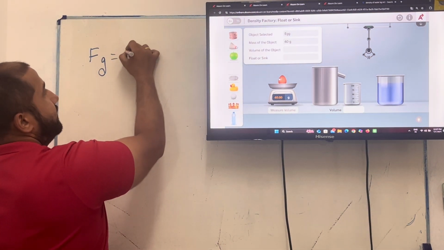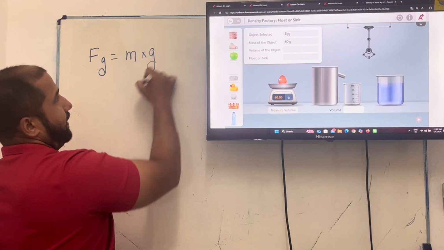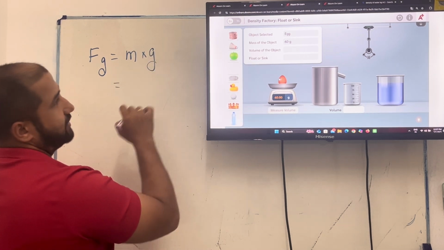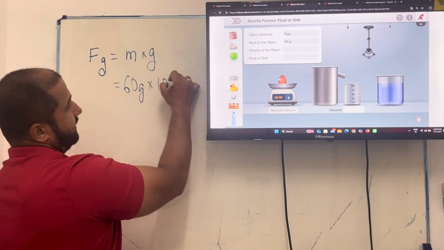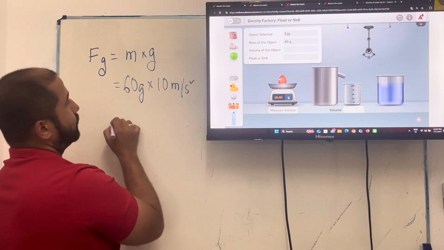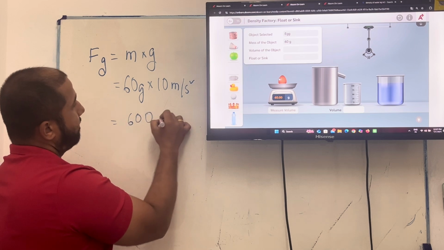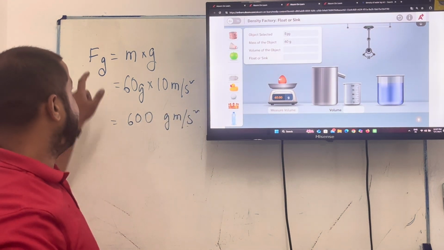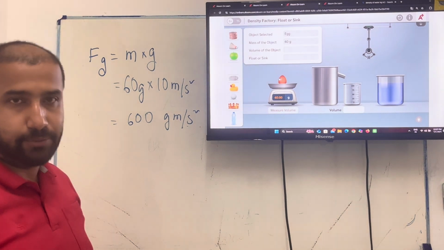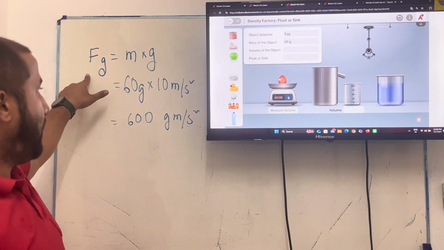What is the weight then? Mass multiplied by gravity. Mass is how much? As you can see, 60 gram. Multiplied by gravity, 10 meter per second square. So 600 gram meter per second square. That is the force due to gravity or the weight of the object.